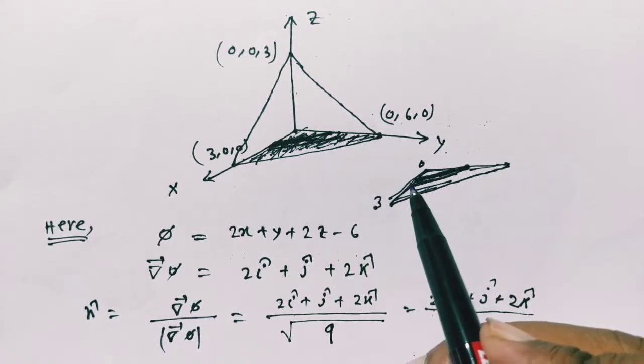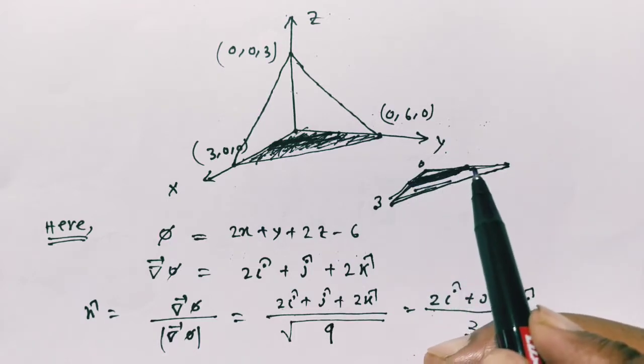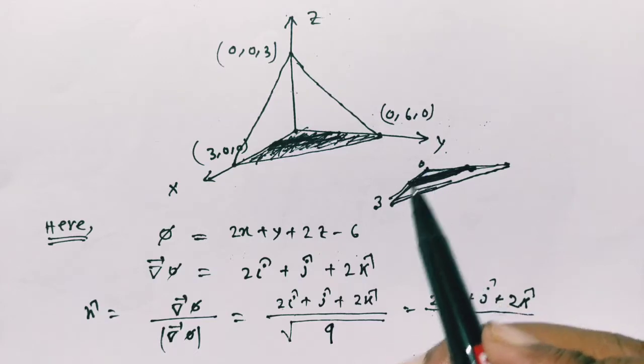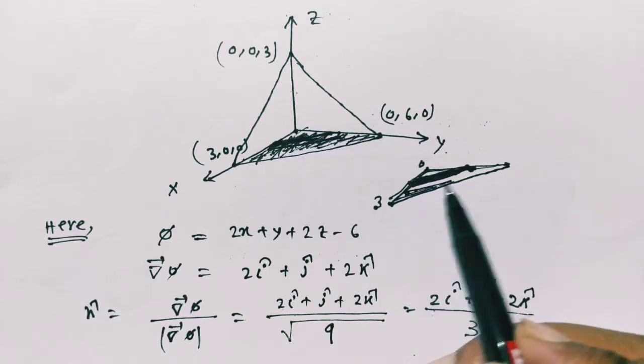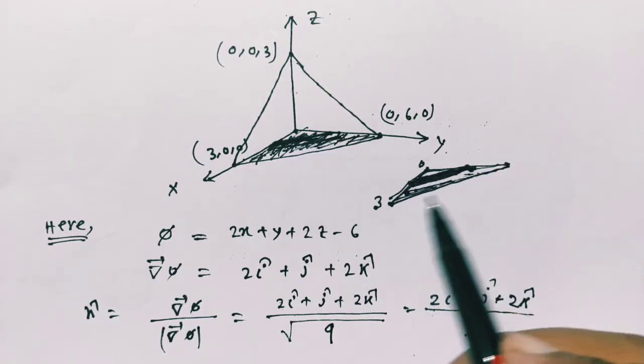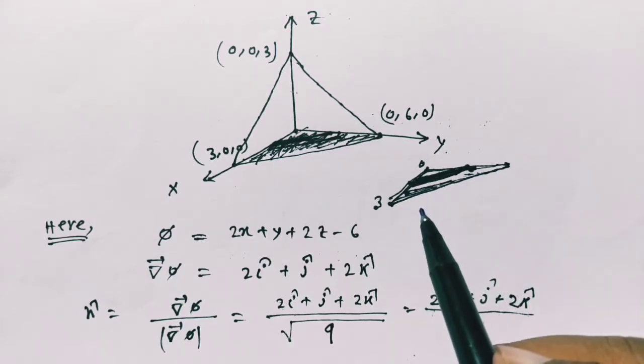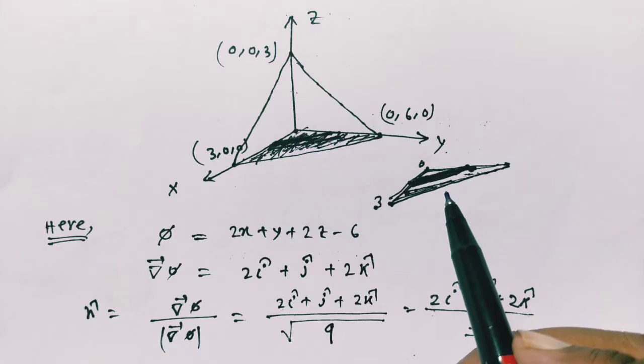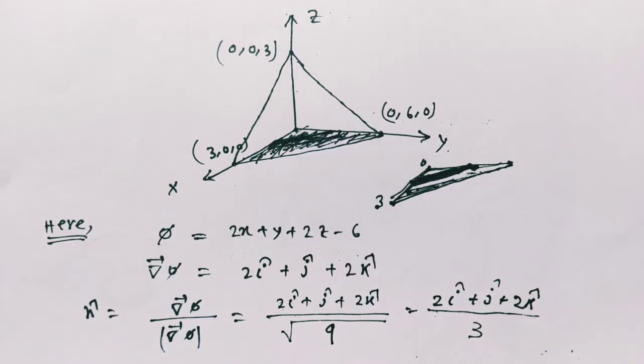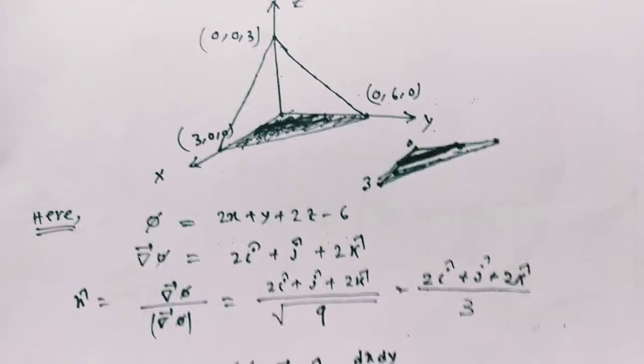So at first we integrate along y for this strip, and then integrate from 0 to 3, so the whole area will be covered. This is the area of this xy plane, and this is the physical significance of this integration.